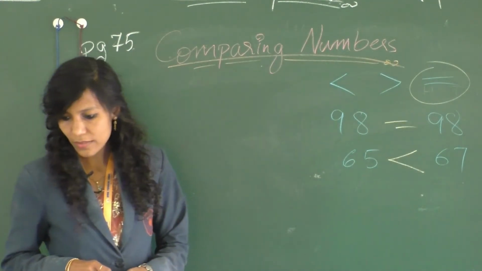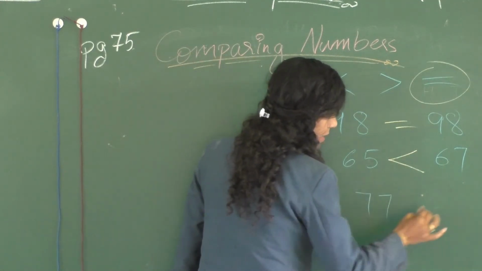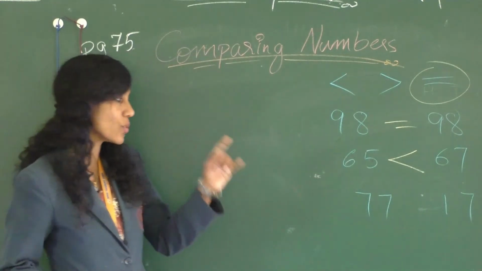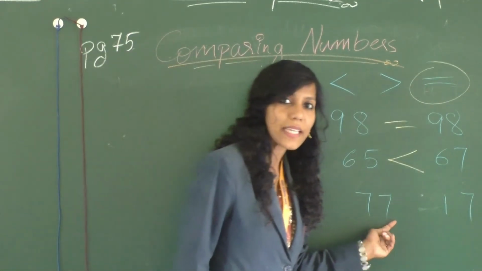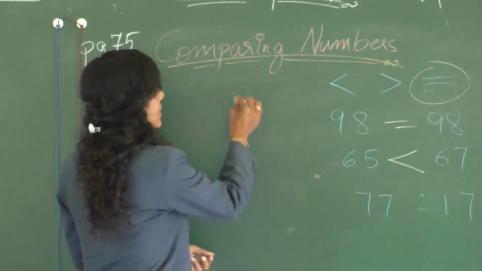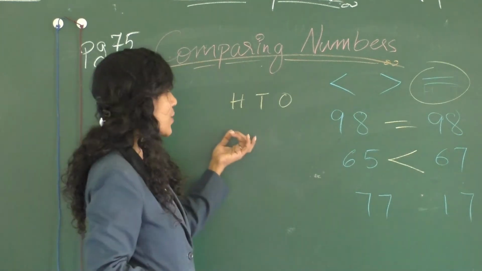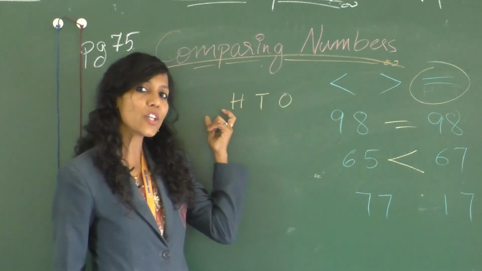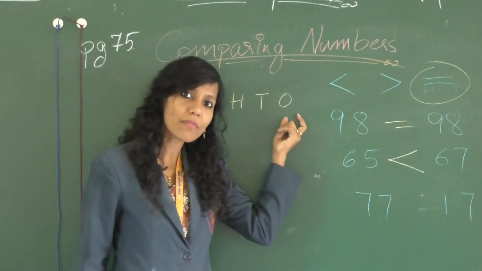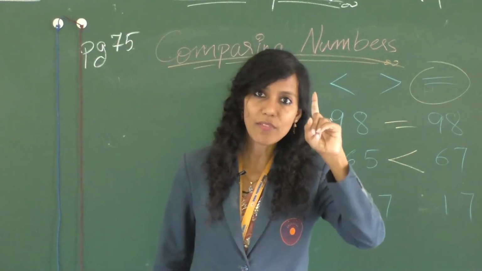Another example will be 77 and 17. Now you note one thing. Why did I say you to go from the top, that is HTO? Because the value of H is more than T. The value of T is more than ones position. 1 is only 1.